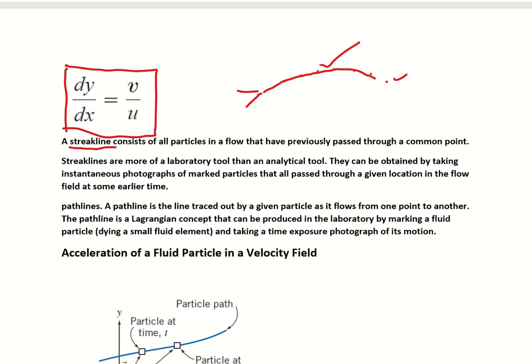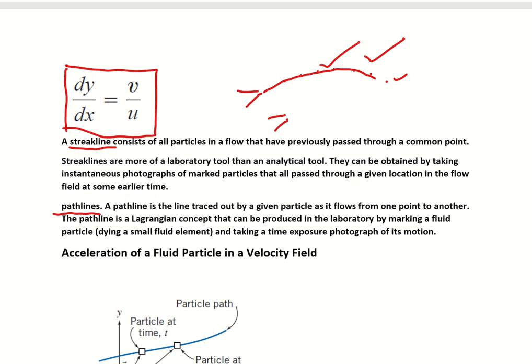Right. Then we have path line. In case of path line, suppose this is the point through which one particle has emerged. In the previous case, at that instant several particles had emerged and taken certain positions, and if you take the instantaneous picture, that line is called streak line.